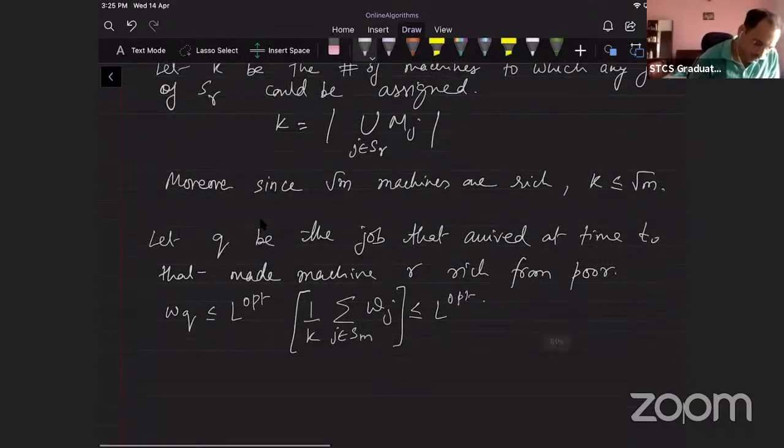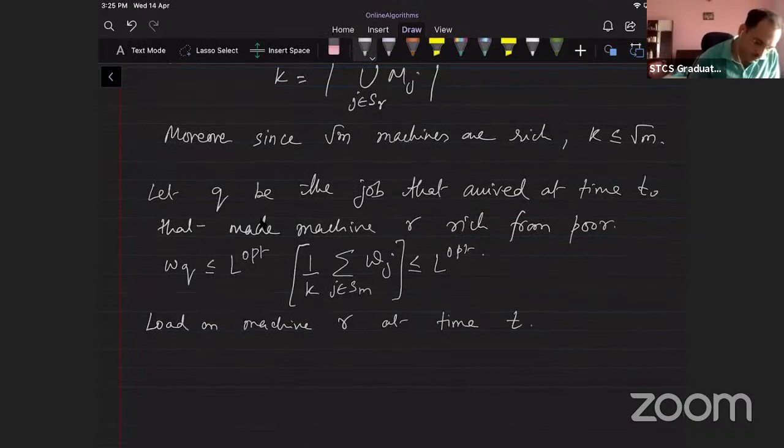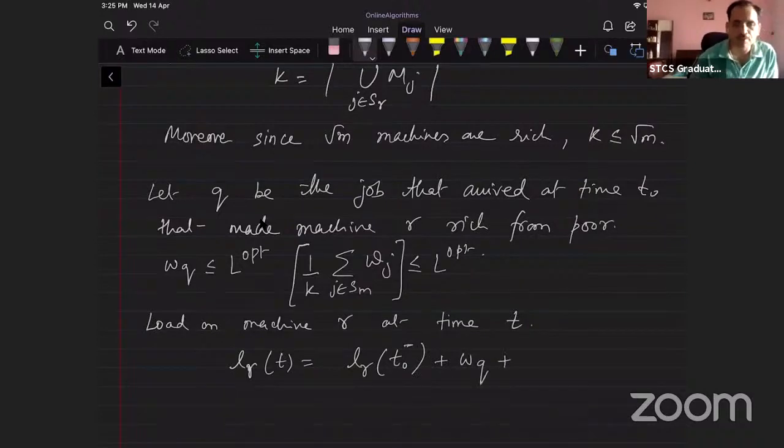So now let's look at the load on machine R at time T. This is equal to LR of T is equal to LR of T0 minus, just before it became rich, plus WQ, that is the job which made it rich.